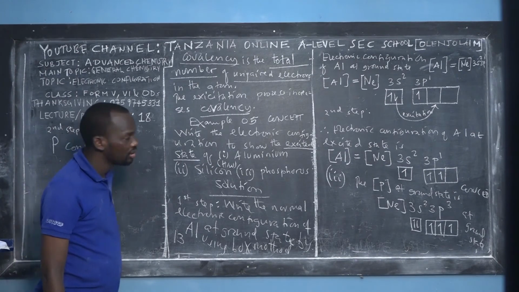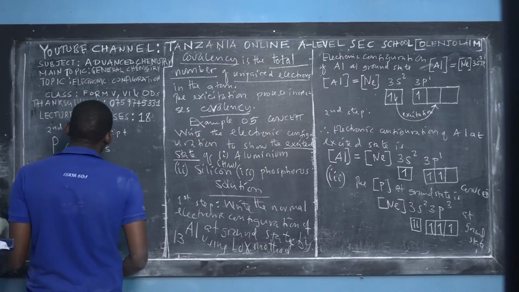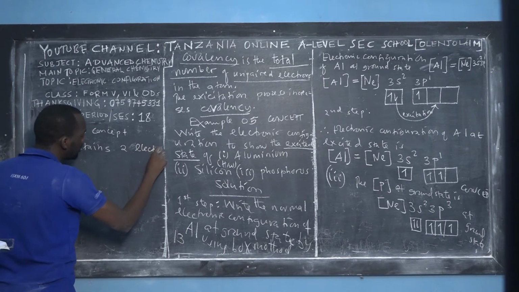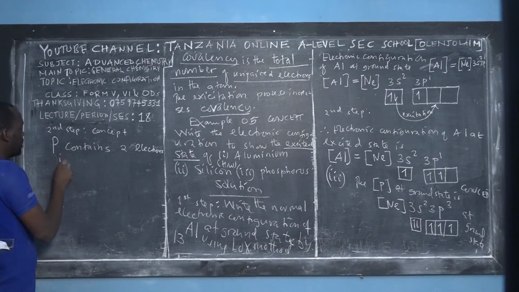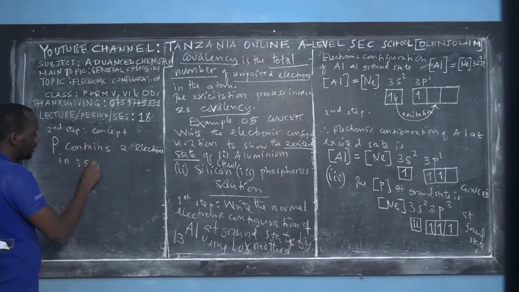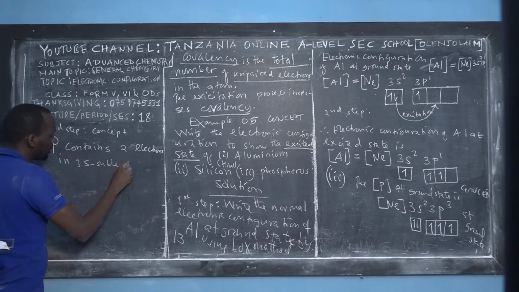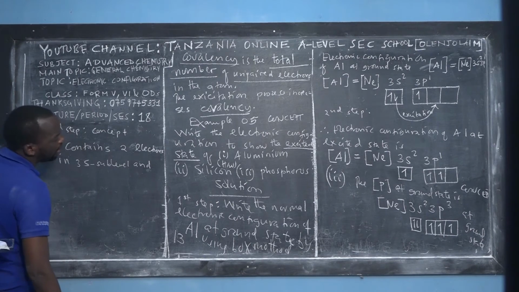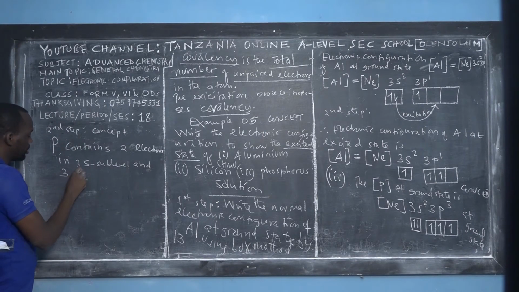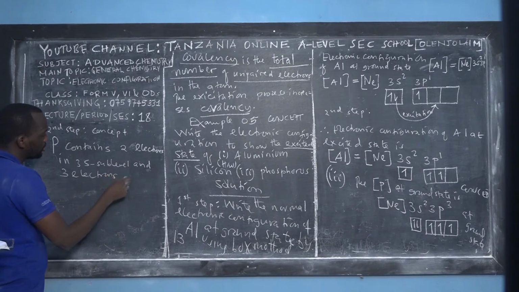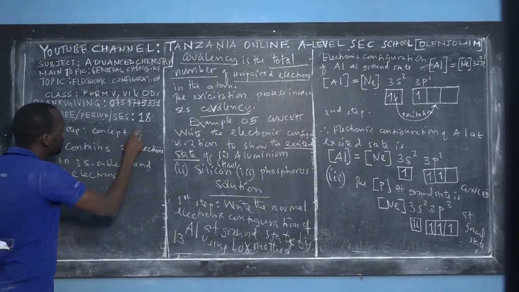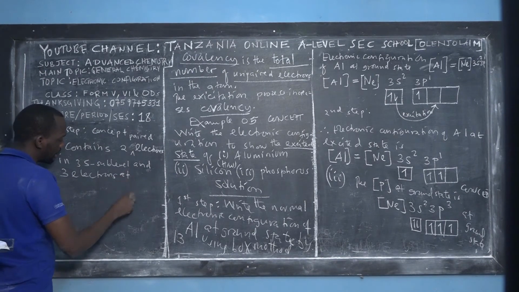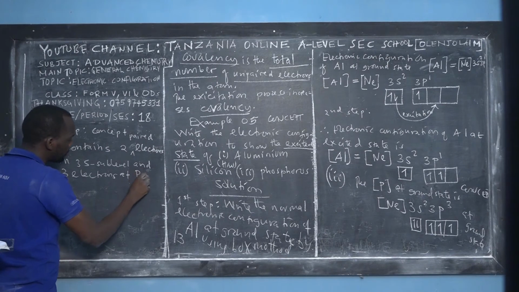It contains 2 electrons in the 3s sublevel, these are 2 paired electrons, and 3 electrons at the 3p sublevel.